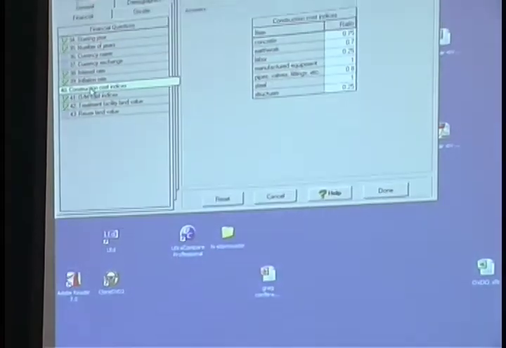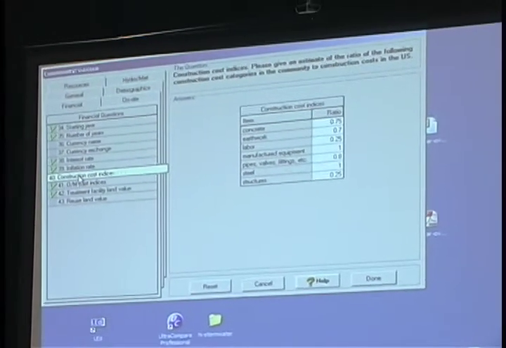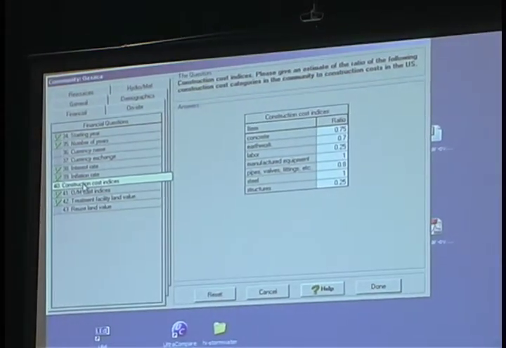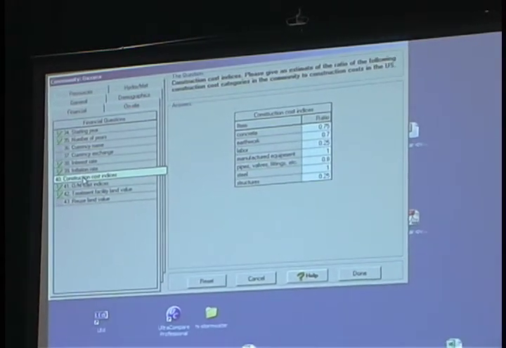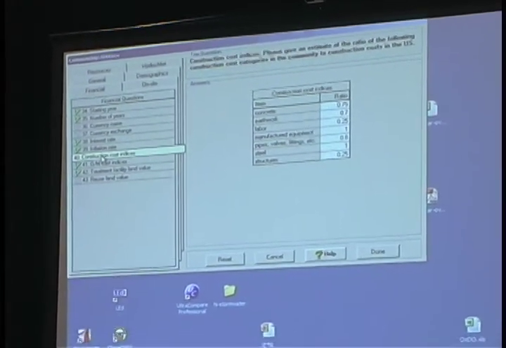So structures, 25%, labor about a quarter, concrete about 75%. Once those numbers are put in, and it takes a little bit of local knowledge to be able to do that, then you're getting costs that are regionalized for your community, whether it be in the U.S. or anywhere else. And this whole thing, we spent 10 or 15 minutes to do this.